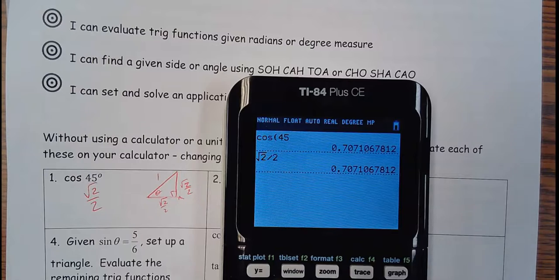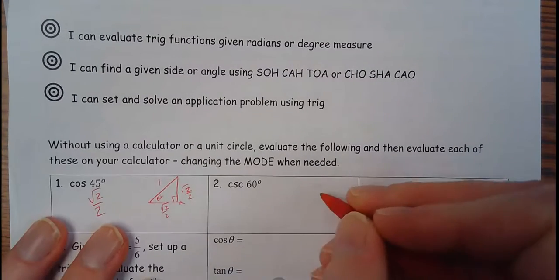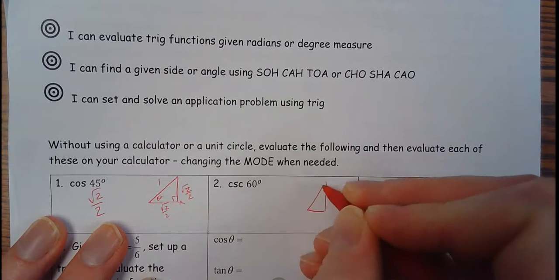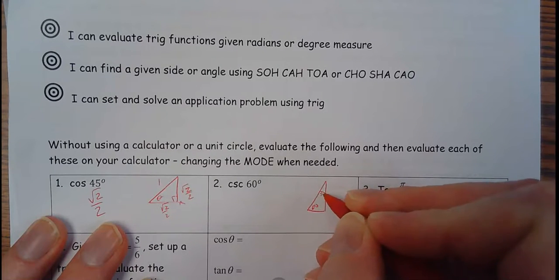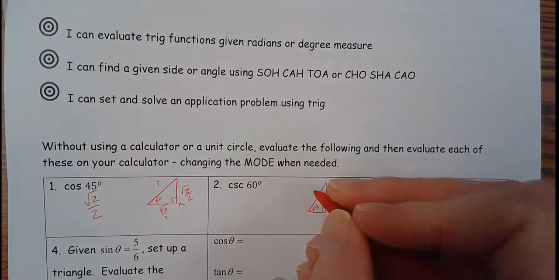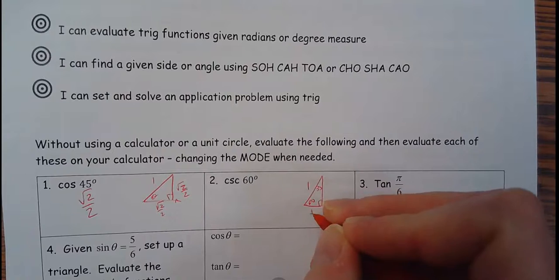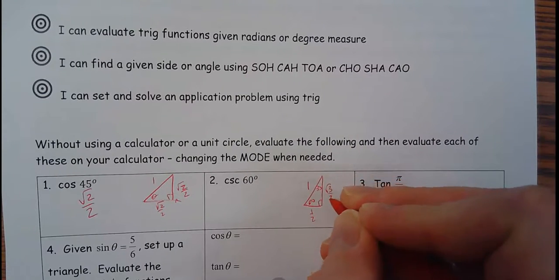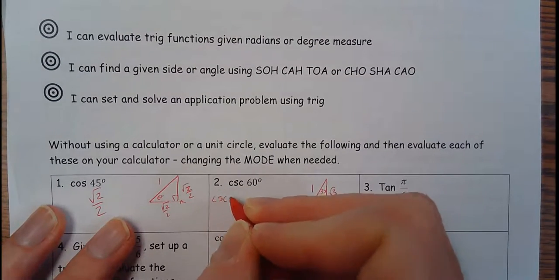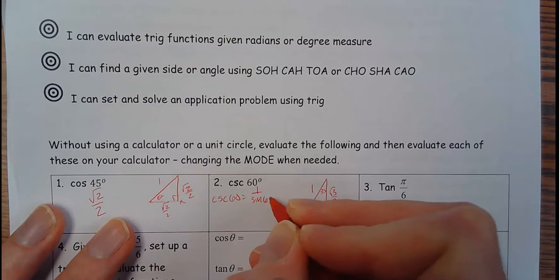Okay, so number 2 says the cosecant of 60. So first off, let's think about that 60 degree angle. And 60 is good because that makes a 30, 60, 90 triangle. If this is a unit circle, the hypotenuse is 1, so this would be a half, and this would be radical 3 over 2. And now cosecant, if you remember, is going to be the reciprocal of sine.